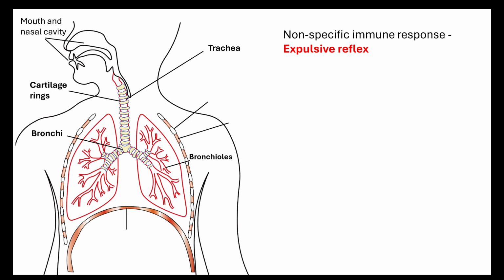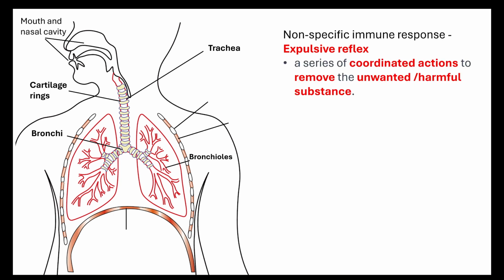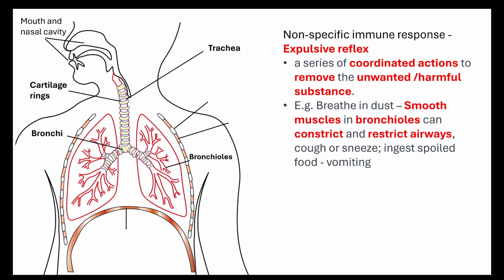So we have what's known as the expulsive reflex. This is a non-specific immune response in which we need to remove this unwanted or harmful substance in a very coordinated way. And that's through, for example, when you breathe in dust, your smooth muscles in your bronchioles will actually constrict and therefore restrict the airways. You could cough.